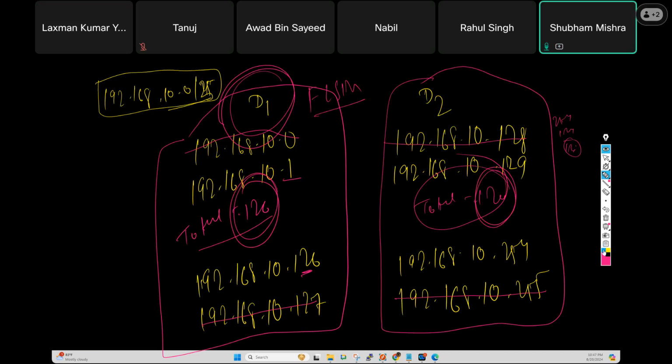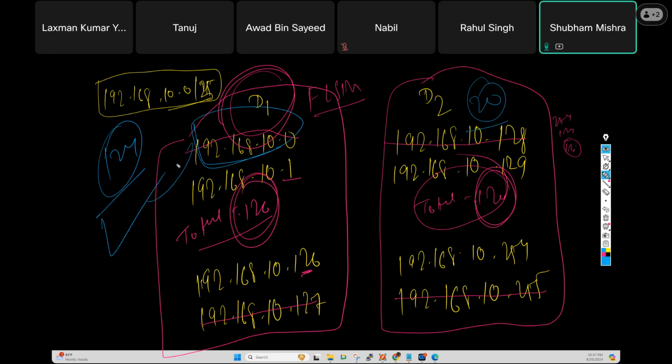Let's suppose in department number one we have 124 users, and in department number two, let's suppose we have 20 users. In department number one, if you are assigning this network, there is no problem, because the number of users is 124 and you are assigning 126.